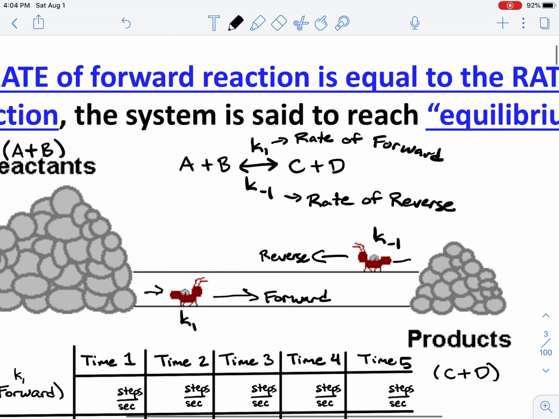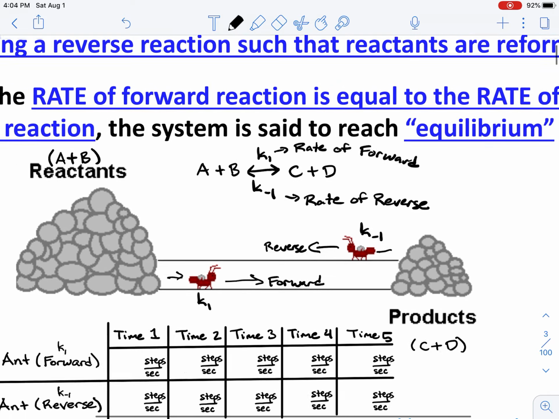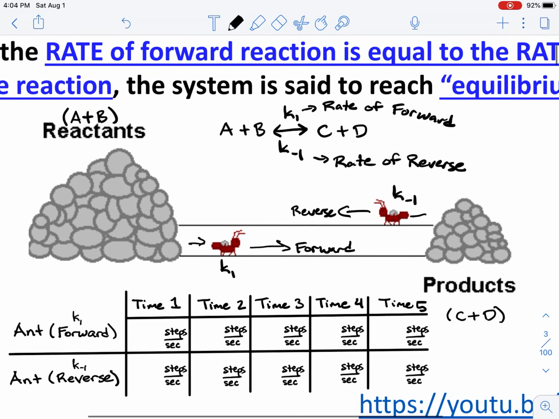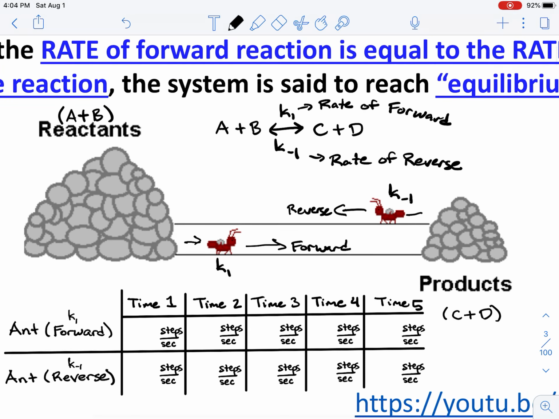All right, and so what we're going to do is create a scenario, and we're going to imagine these ants moving from reactants to products and products to reactants. And we're going to tabulate their rate of movement in this table that I've written out ahead of time.